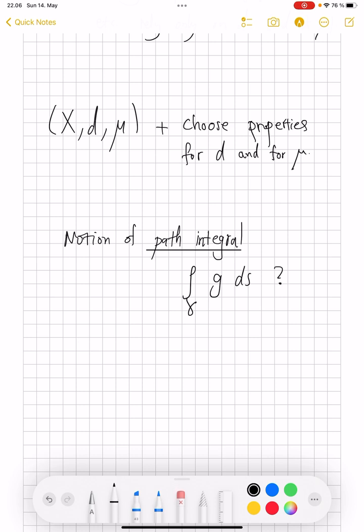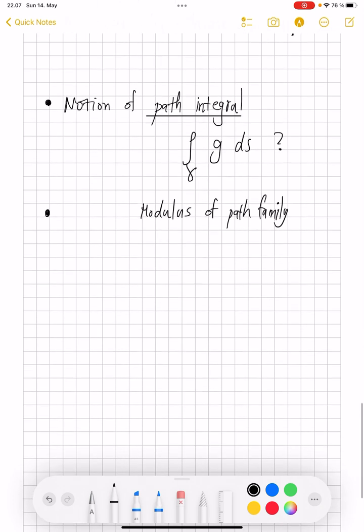And once we have this, we will talk about modulus of path families. This will be a way to talk about large versus small family of paths. Or especially important will be our notion of negligible collection of paths.